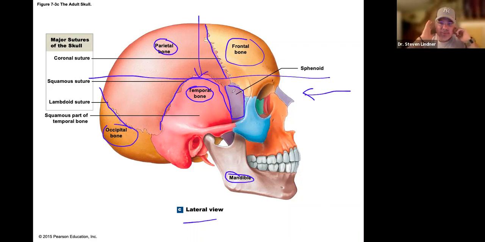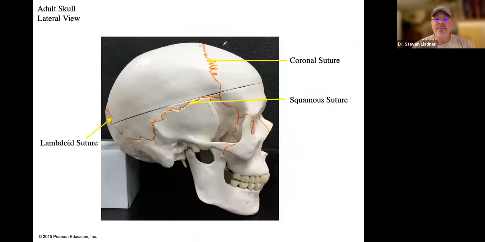Okay, so usually I refer to the sphenoid as the butterfly bone or the bat bone because it has wings like a butterfly or wings like a bat. So again, from this view, we can see the coronal suture, squamous suture, lambdoidal suture. And then right here, this is that sphenoid bone.